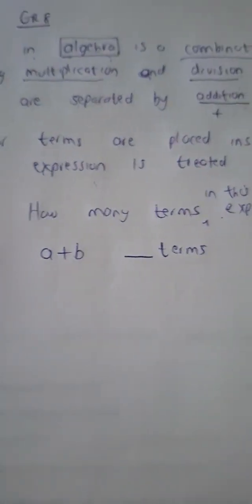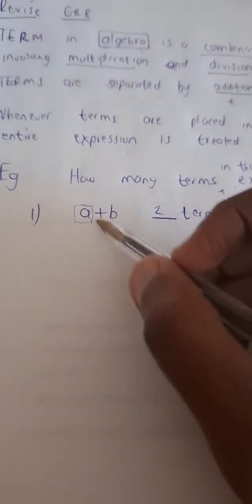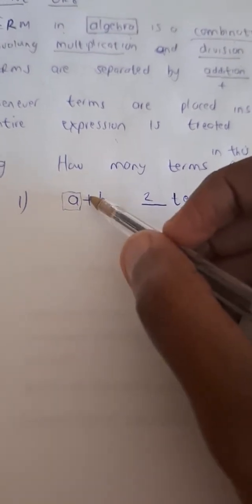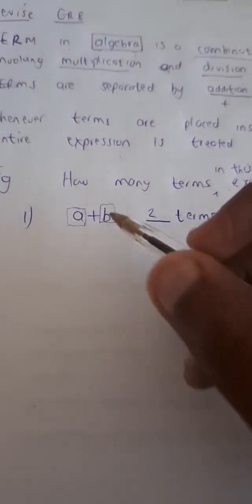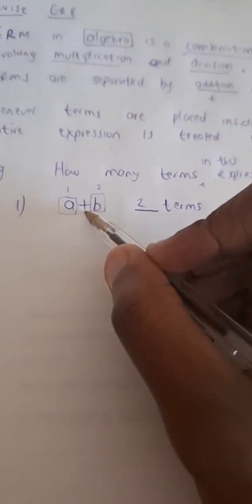People in one voice are saying there are two terms. Why? A is one term. The plus sign separates B from A. B is another term. So there are two terms.